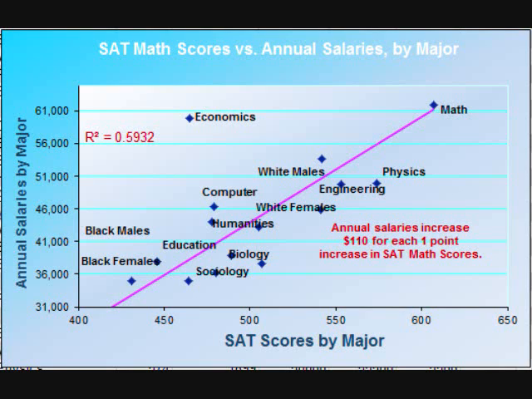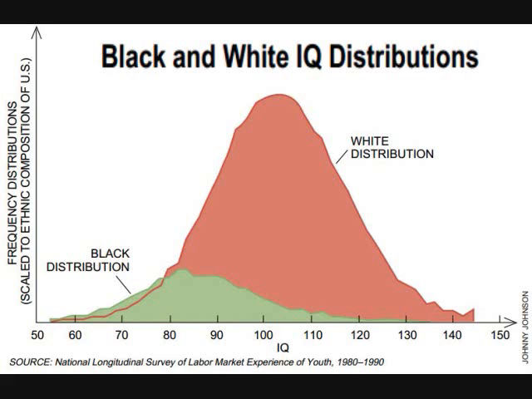And here's where they put males and females and race. It's also showing SAT math scores versus annual salaries by major. They may not point out these things, but it's still happening to this day. They'll use the distribution, which shows a correlation to that bell curve, with the black distribution and the white distribution being at the higher end, at the higher score level.